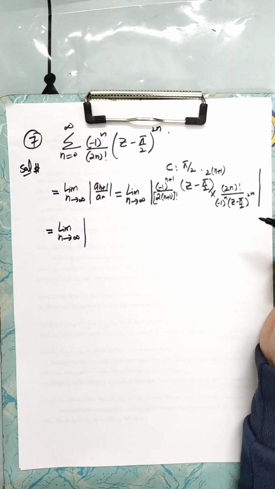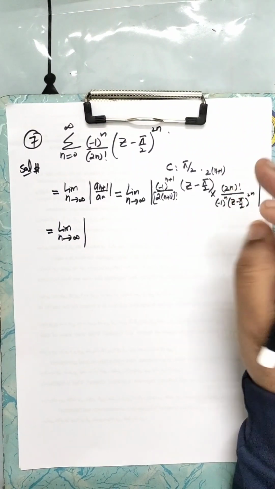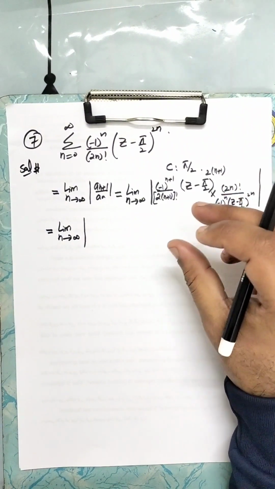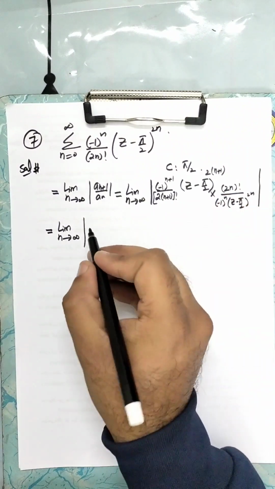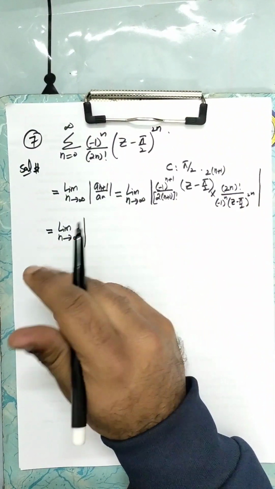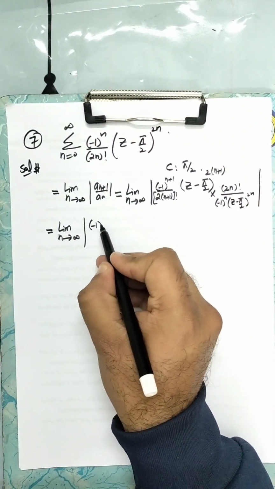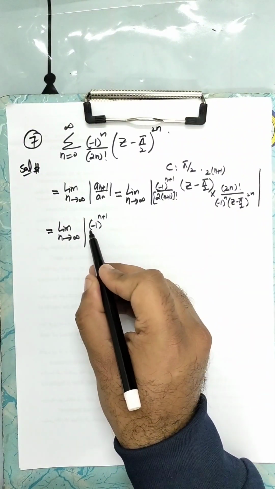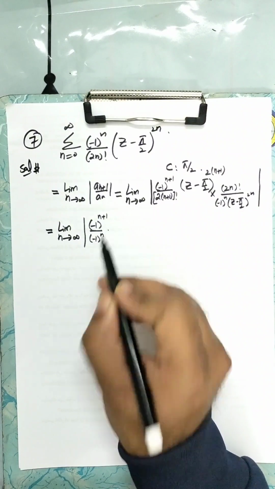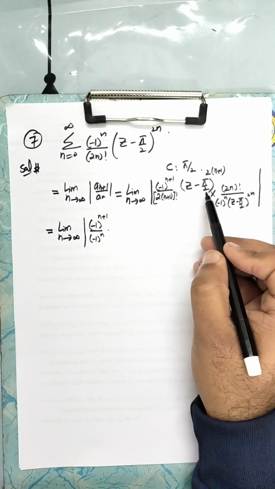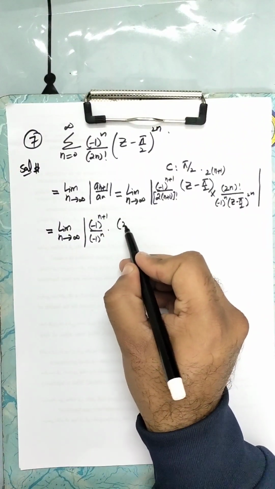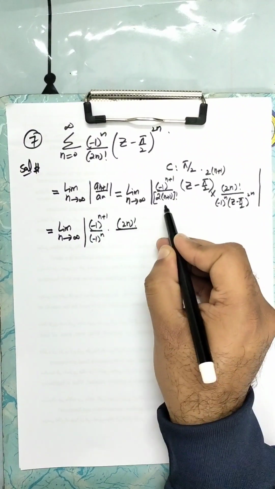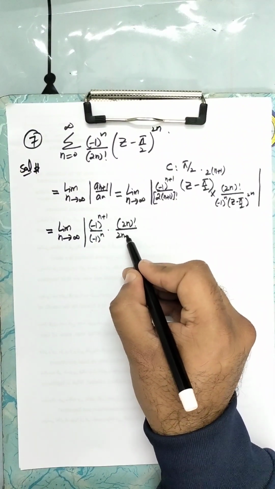The best way to solve this limit is to associate the same terms. First, I associate the minus 1 to the power n plus 1 with minus 1 to the power n. Now we associate 2n factorial, and in the denominator this is (2n plus 2) factorial.